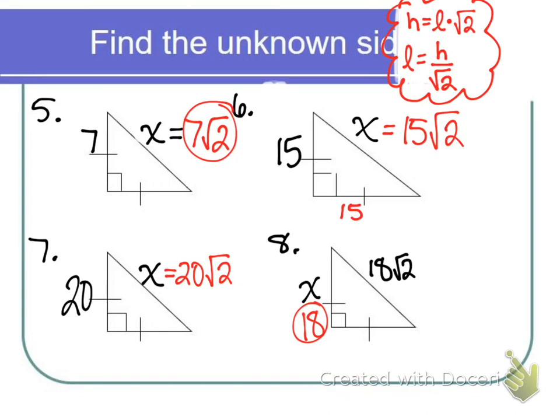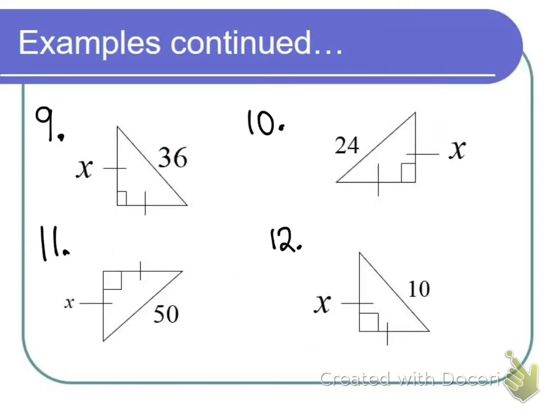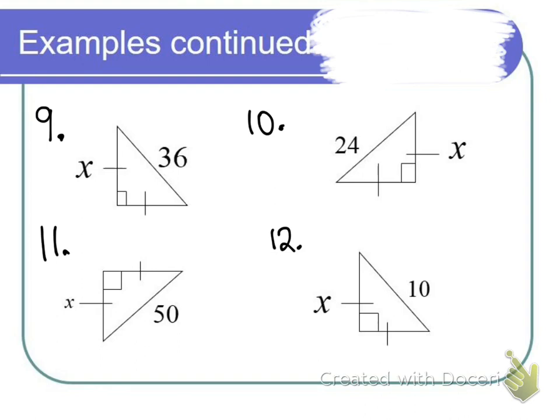We didn't really need these on the first set of problems right here, but on the next set we might need to use those a little bit more. On number 9, are we missing a leg or a hypotenuse? We're missing a leg. So for this one, I would use the information that a leg is equal to the hypotenuse divided by what?